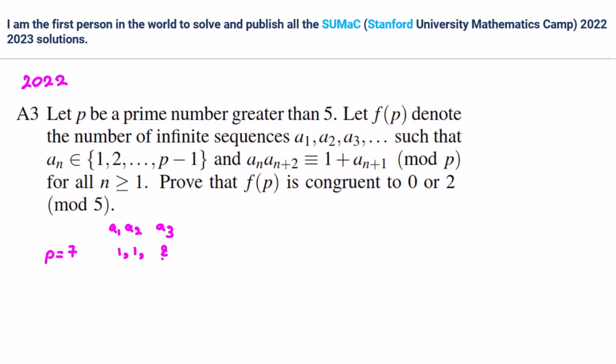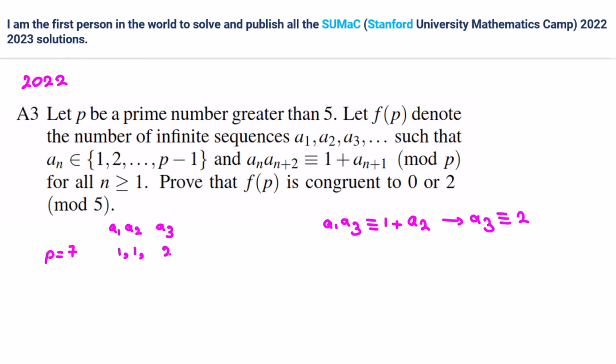Okay, I see. So then it's just equal to 2. Let's check. A3 is congruent to 1 plus A2, right? So A3 is 2. Good job.